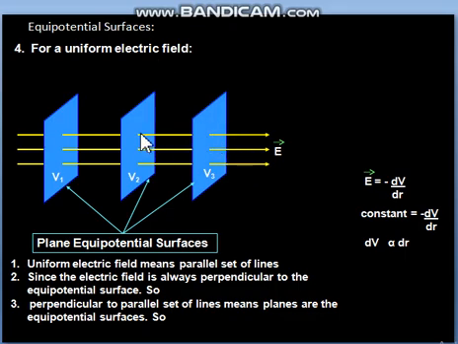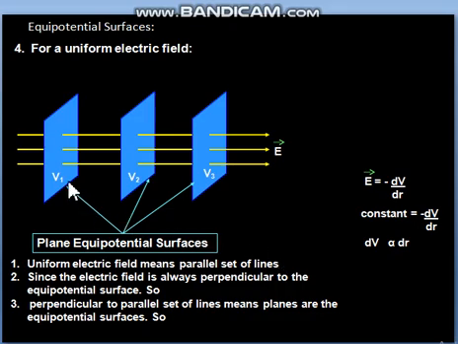After drawing these EPS for the uniform electric field, we have one more piece of information that is obtained from this formula. If we read this formula, E equals minus dV by dr, since the electric field is uniform, that means constant, so minus dV by dr is constant, and if we remove the equal sign and the constant, it becomes a proportionality. That means dV and dr are proportional to each other.